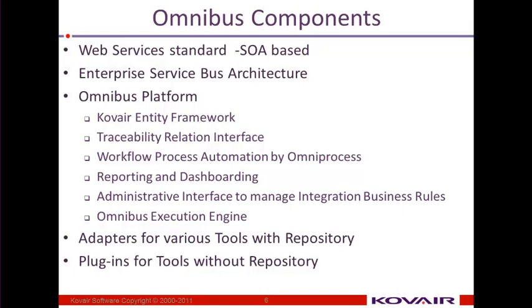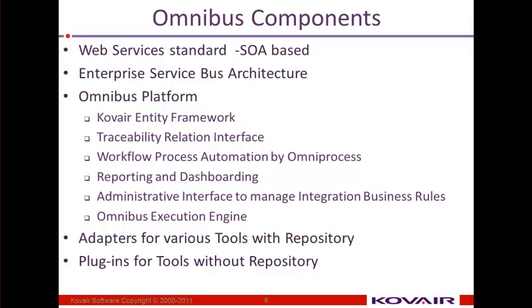Now, the first component of Omnibus is the Omnibus platform, and that includes all these functionalities, like creating the Kovair entity framework, which basically means that you can create entities in Kovair which correspond to the objects in external tools.